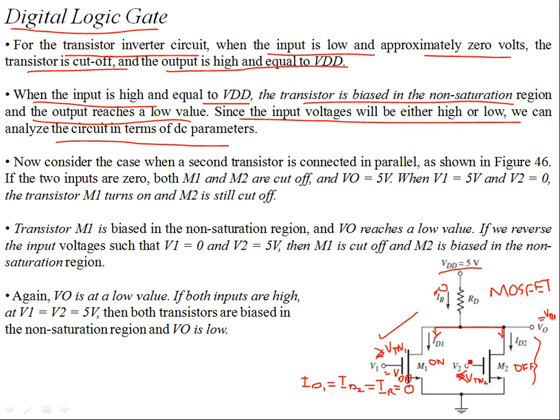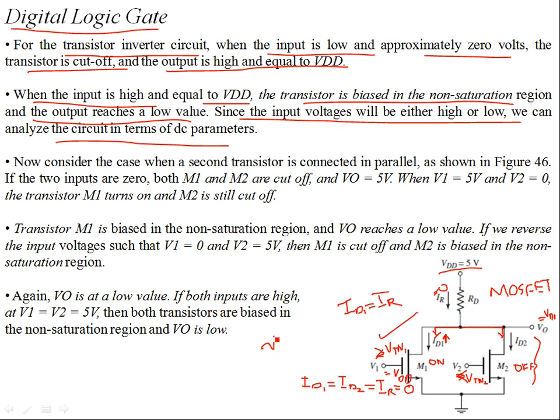This requires a large current ID1. So ID1 increases. Since there is no ID2, your ID1 is basically equal to IR, and since ID1 increases, IR also increases.